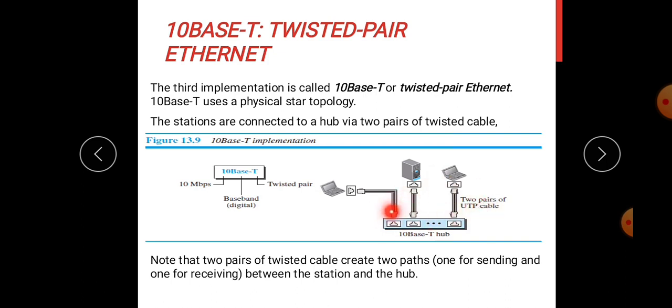Any collision may happen in the hub. So when we compare this with 10Base5 or 10Base2, we can see that the hub actually replaces the coaxial cable as far as collision is concerned. The maximum length of the twisted cable here is defined as 100 meters to minimize the effect of attenuation in the twisted cable.